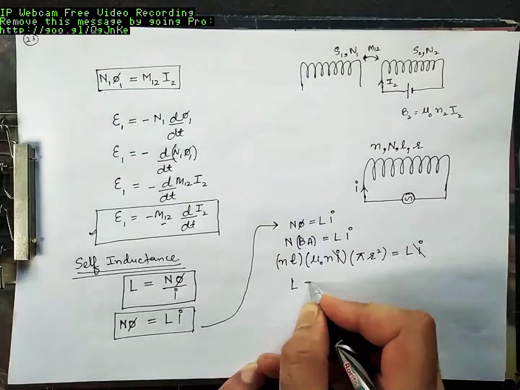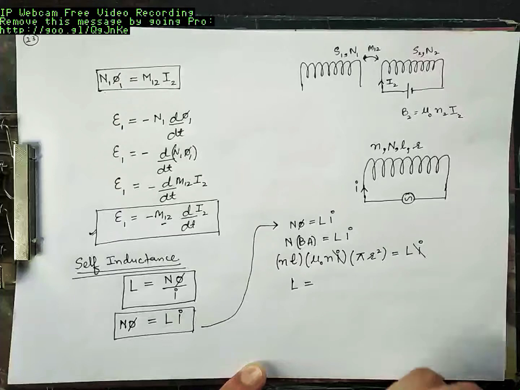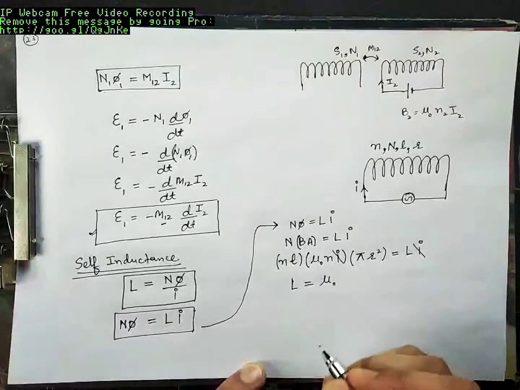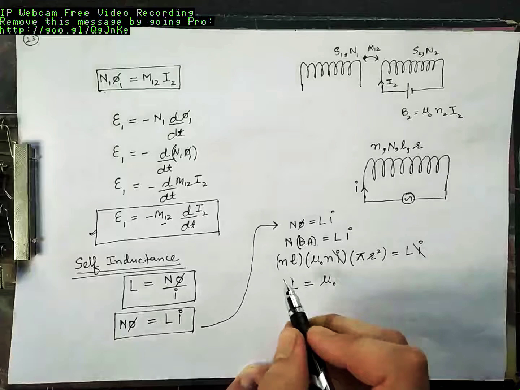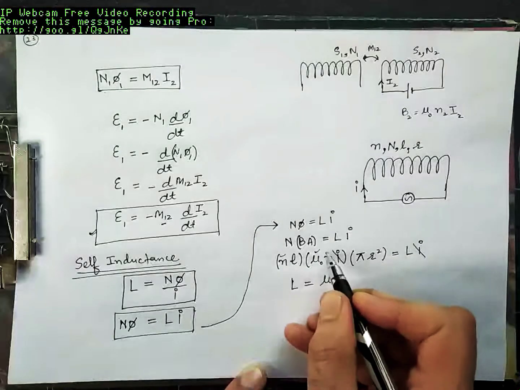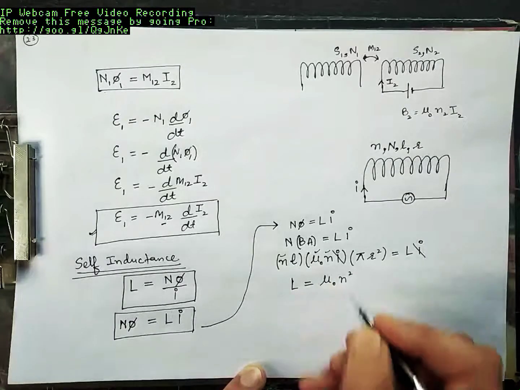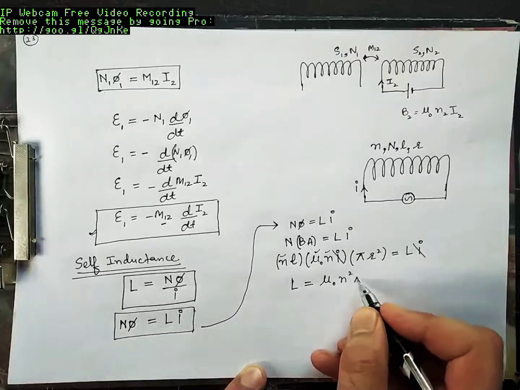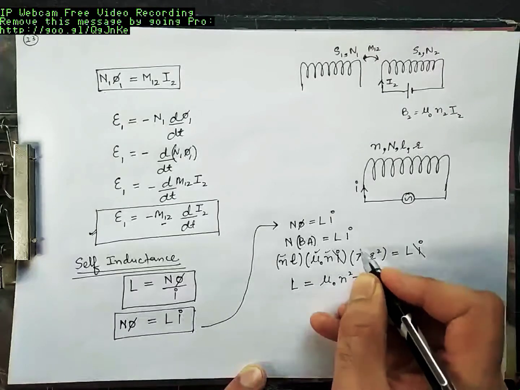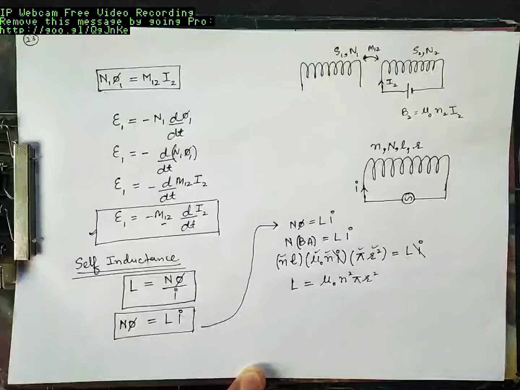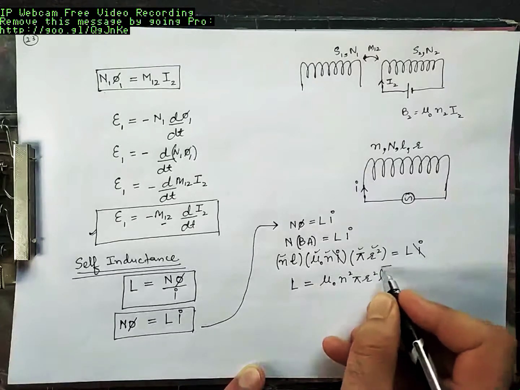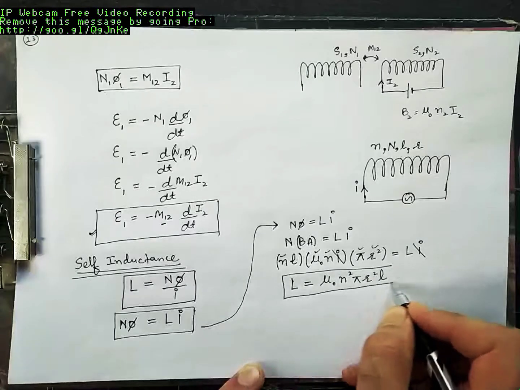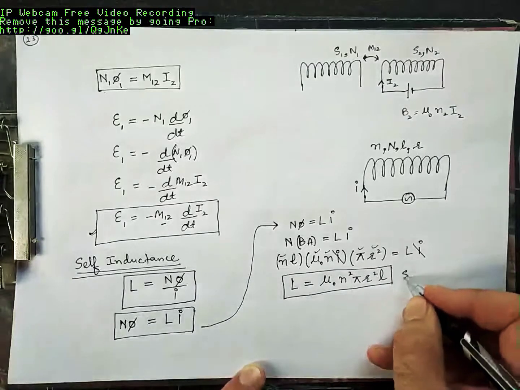Inductance L, or self-inductance L, is equivalent to mu naught n, and n times n becomes n square, pi r square, times l. This is the expression for self-inductance.